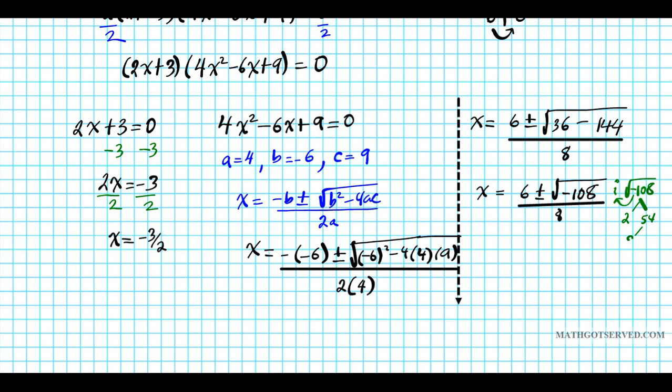Take out another 2, you're left with 27. Take out 3, you're left with 9. Take out another 3, and you're left with 3. Now any factor that repeats itself is a perfect square situation, and it can come out as the square root of that square.